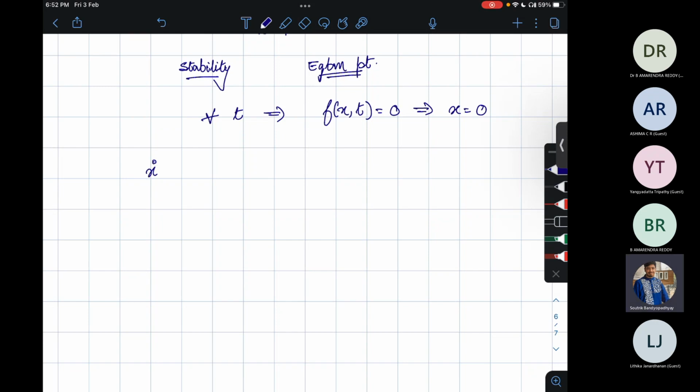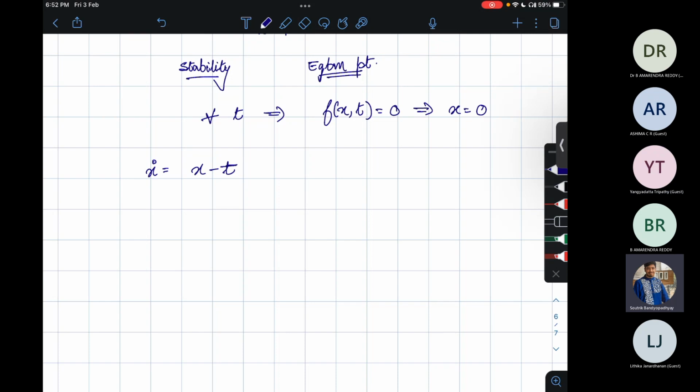So if you look at this system, x dot is equal to x minus t, what is the equilibrium point on this? It would be time dependent. There is a time dependence of the equilibrium point, right?